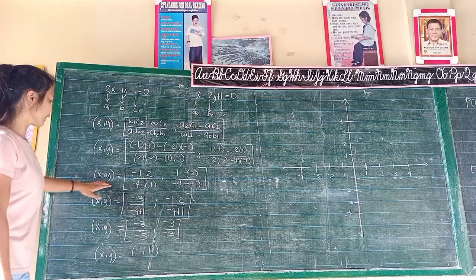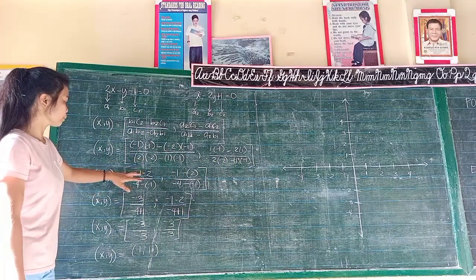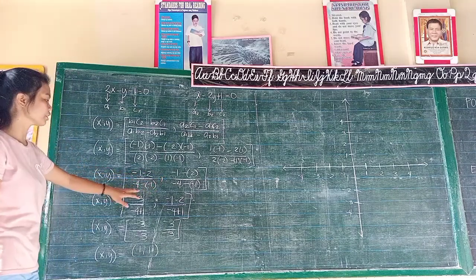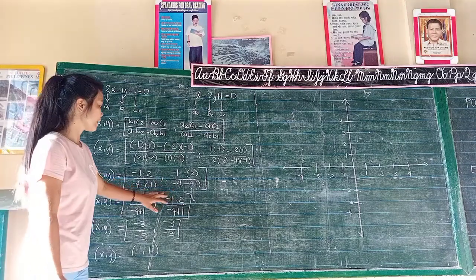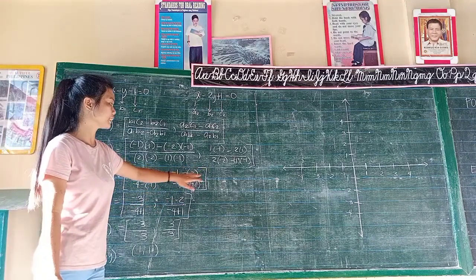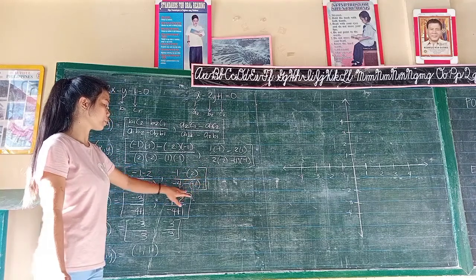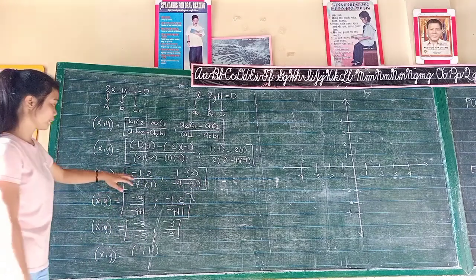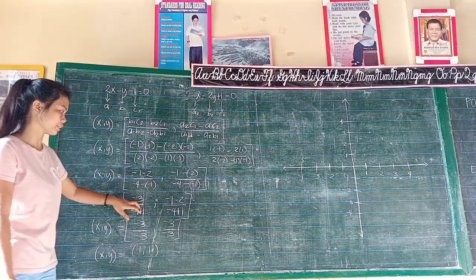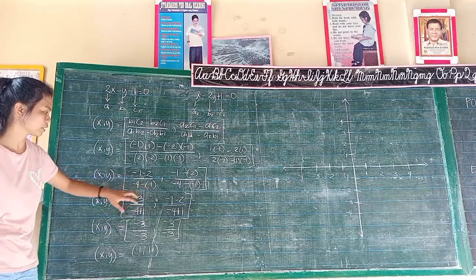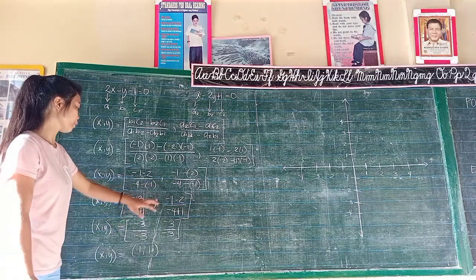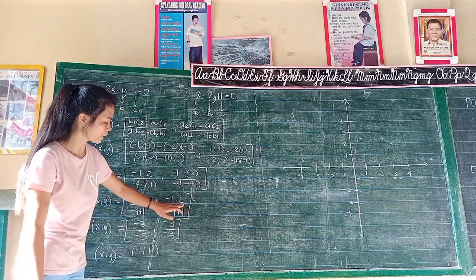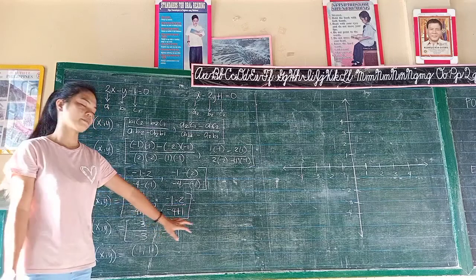The coordinates of x and y equal negative 1 minus 2 over negative 4 minus negative 1, and negative 1 minus positive 2 over negative 4 minus negative 1. Then, negative 1 minus negative 2 equals negative 3, and negative 4 minus negative 1 becomes negative 4 plus 1.